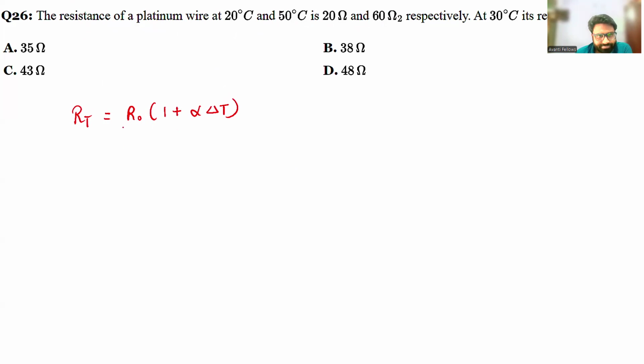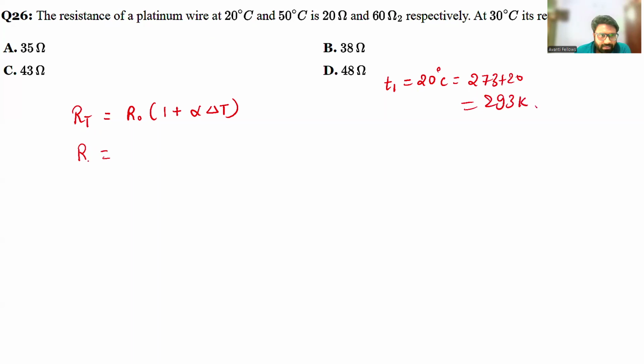Okay. Now, if I put the values here, RT at 20 degrees Celsius. So first of all, let's say T1 is 20 degrees Celsius. You need to convert it into Kelvin. So it will become 273 plus 20, 293 Kelvin.